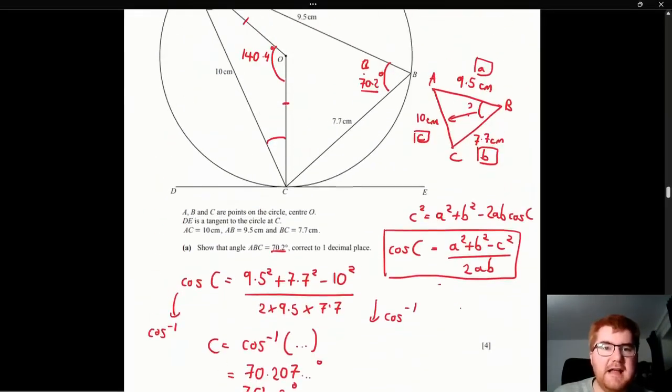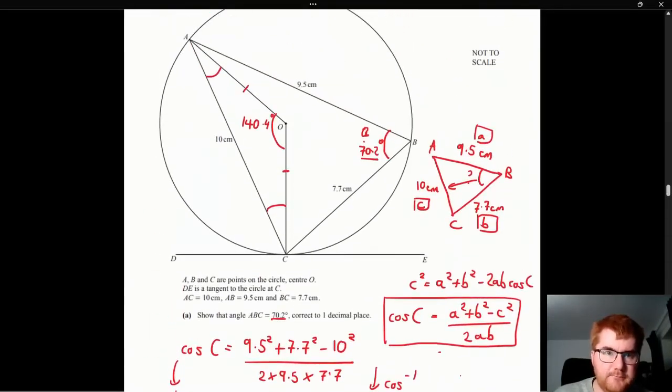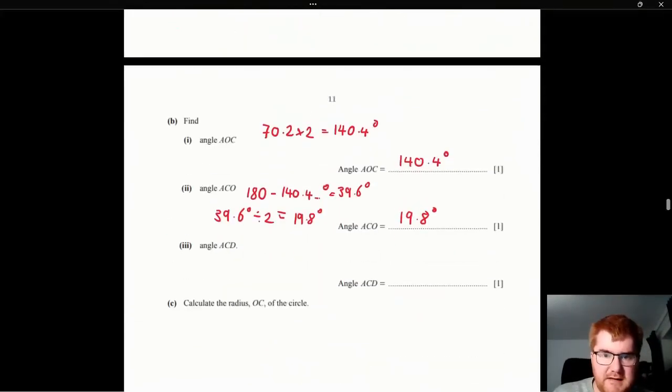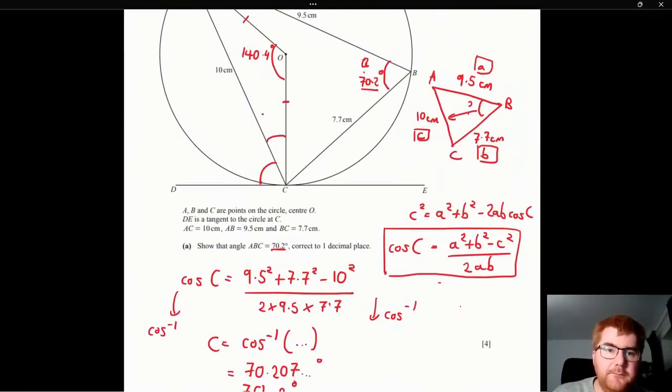And then we've got angle ACD, this angle here. What do we get that as? Now we need to remember the rule that a tangent and a radius meet at a right angle. So we need to do 90 minus the angle we just worked out. Notice they do this in order to help you through the question.